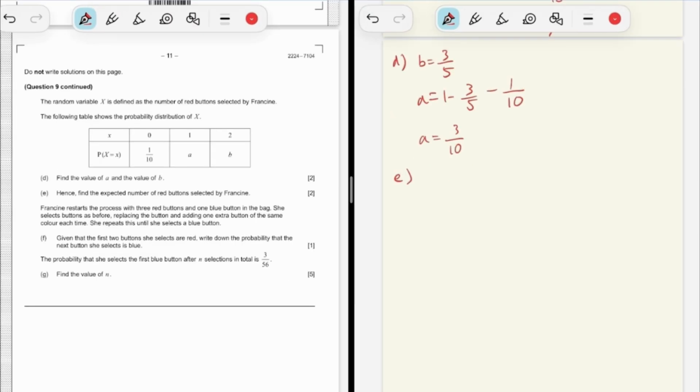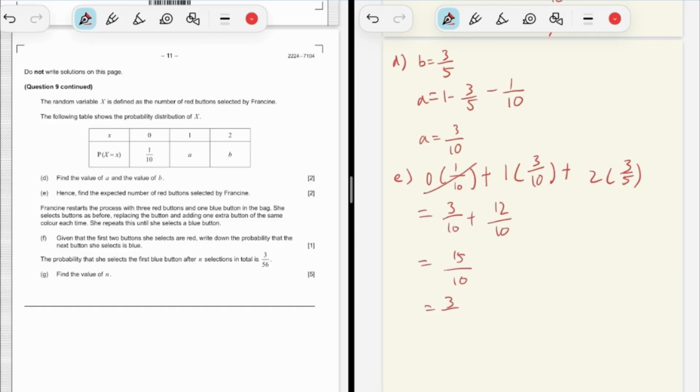Then for E, the expected number of red buttons is 0 times 1/10 plus 1 times 3/10 plus 2 times 3/5, and that is equal to 3/10 plus 12/10, which is equal to 15/10, which is equal to 3/2.